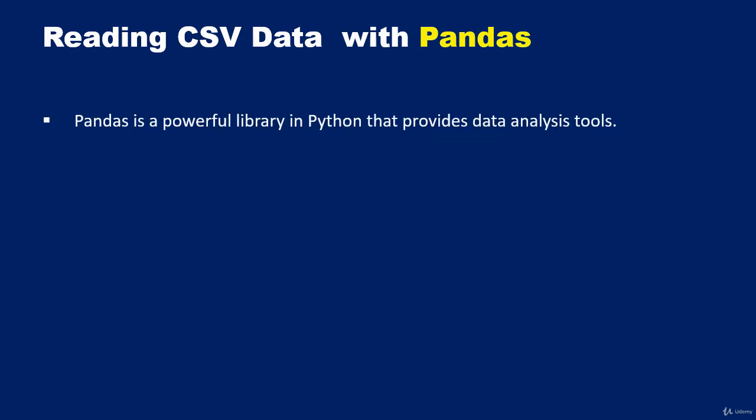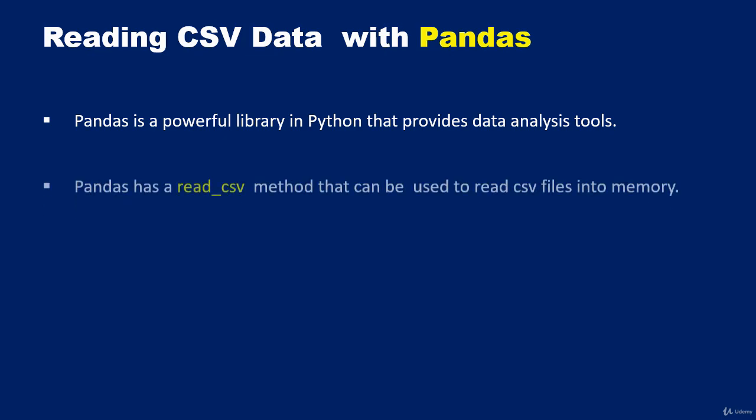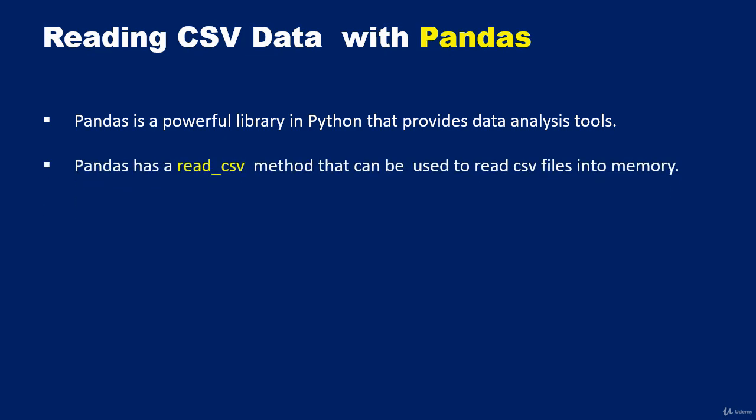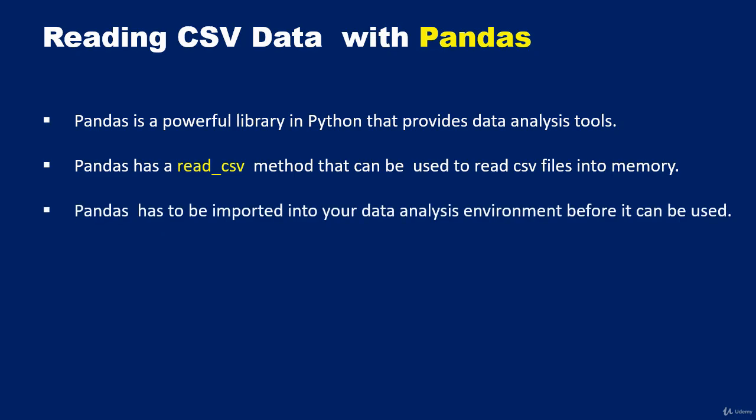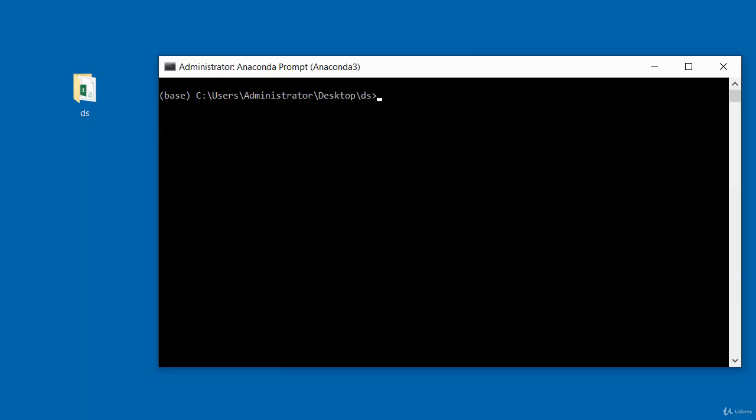So it enables you to read the contents of a CSV file into memory using the read_csv method from the Pandas library. Before you can use the Pandas library in your data analysis environment, you will have to import it into that environment.